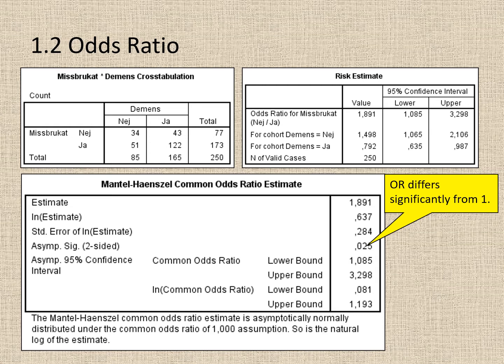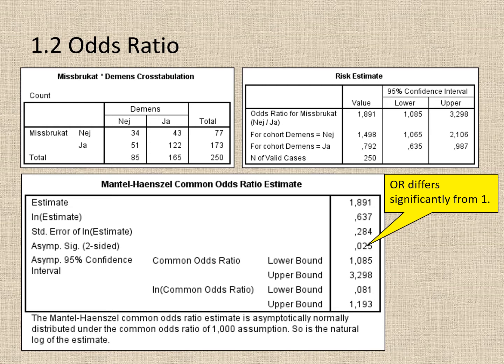So this is the risk for not having dementia in the first row compared with the second row. So in this case, the risk of not having dementia among those who have not abused compared with those who have abused. So the risk of not having dementia is 50% higher among those who have not abused compared with those who have abused.